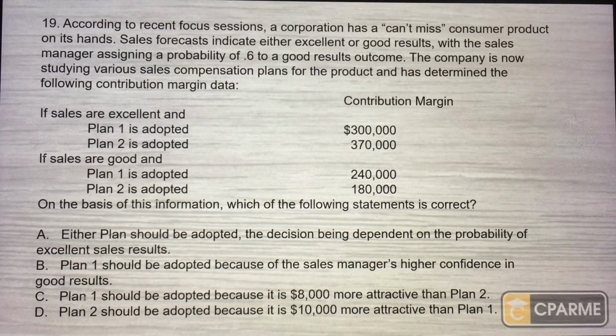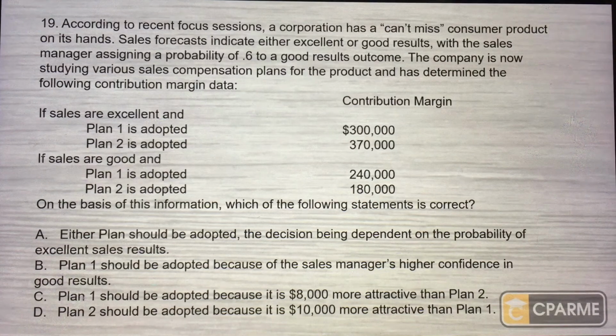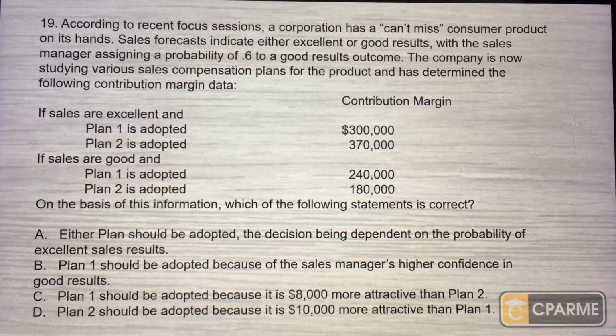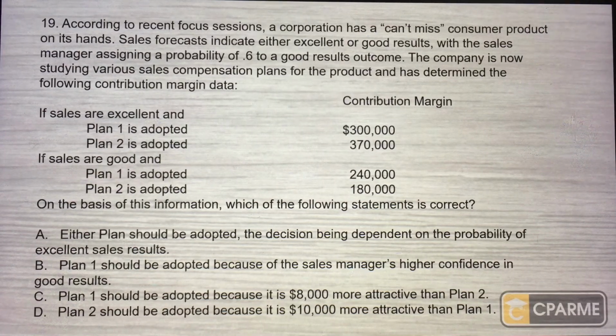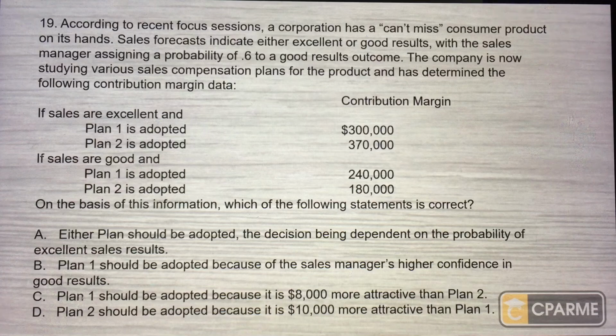If sales are excellent, then plan 1 is adopted, the contribution margin will be 300, and then if plan 2 is adopted, then 370,000. But if the sales are good, plan 1 is adopted, 240,000, then plan 2 is adopted, 180,000. So, which of the following statements is correct? So there are two conditions here: once the results are excellent and then the results are good. Diba yung probability niya kapag excellent is 0.4, and then kapag good, then the probability would be 0.6, or 60%.